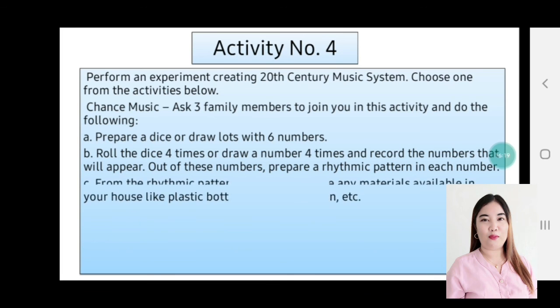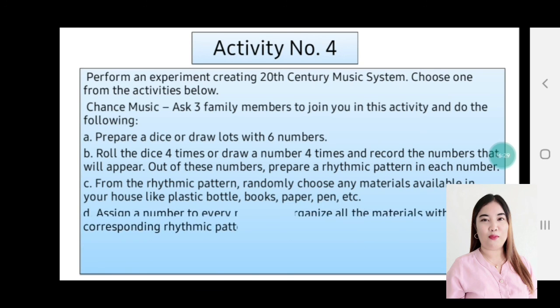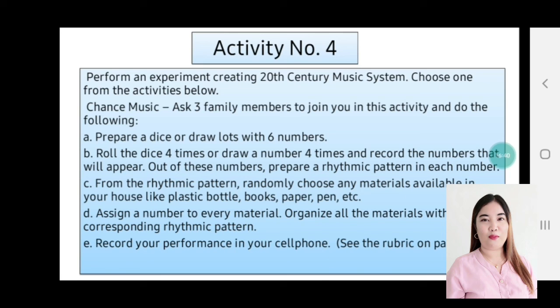Okay, next, letter C. From the rhythmic pattern, randomly choose any materials available in your house, like plastic bottle, books, paper, pen, etc. Letter D. Assign a number to every material. Organize all the materials with corresponding rhythmic pattern. Letter E. Record your performance in your cell phone. And you have also the rubric on page 15.